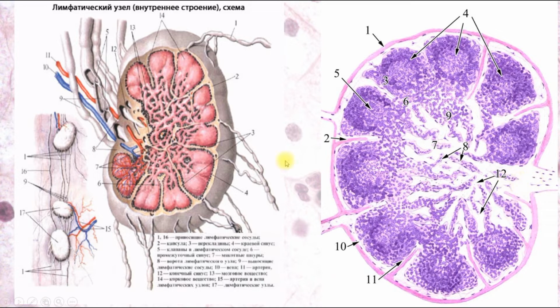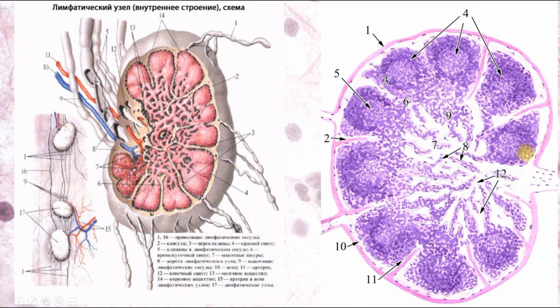And also in the portal part we can find an artery. It enters via this region to the lymphatic node, and the vein exits from the lymphatic node. So lymphatic nodes also have blood supply. And also there are nerves which enter via the portal part of the lymphatic node.